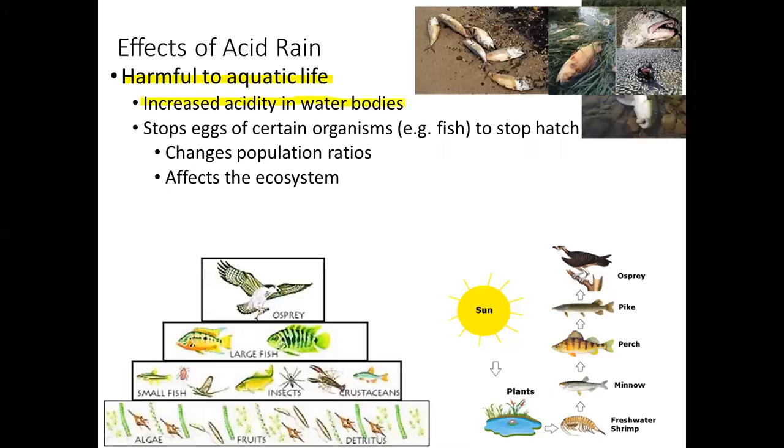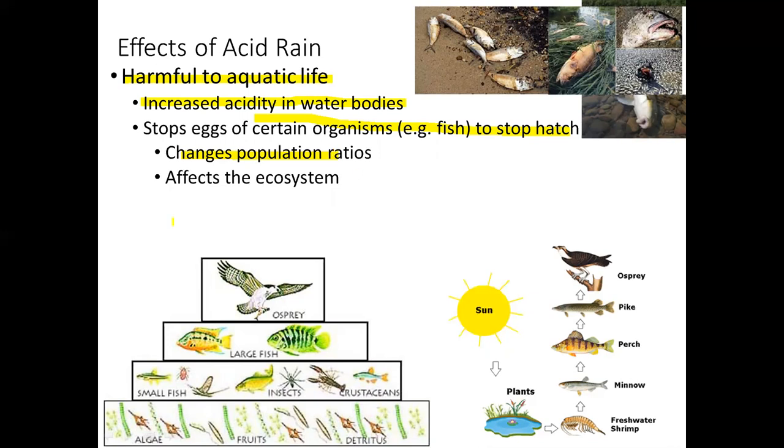Hatching of the eggs of certain organisms is stopped. Then it changes the population ratio because of the stopped hatching of fish eggs. Because of that, it affects the whole ecosystem.